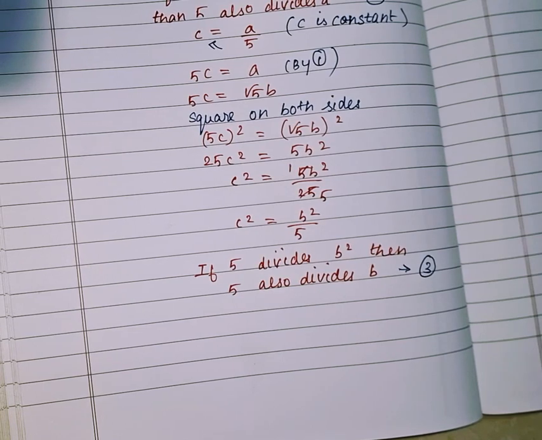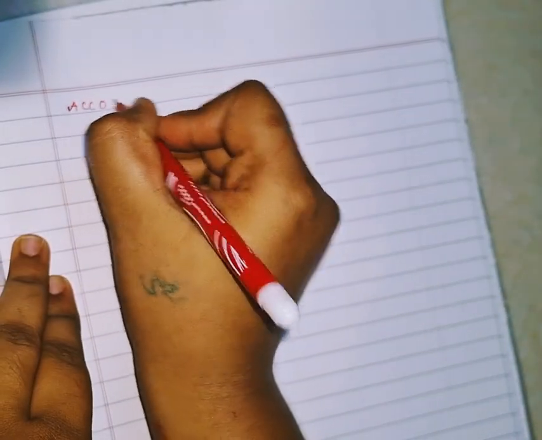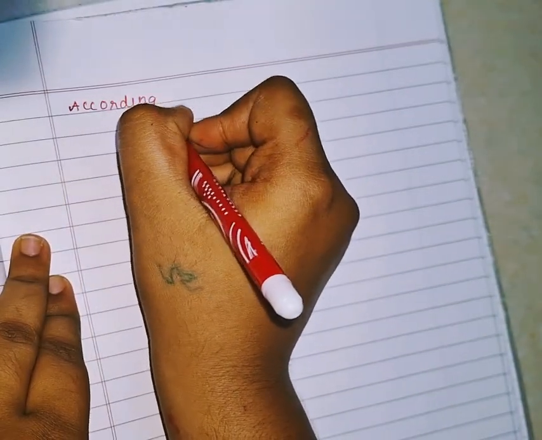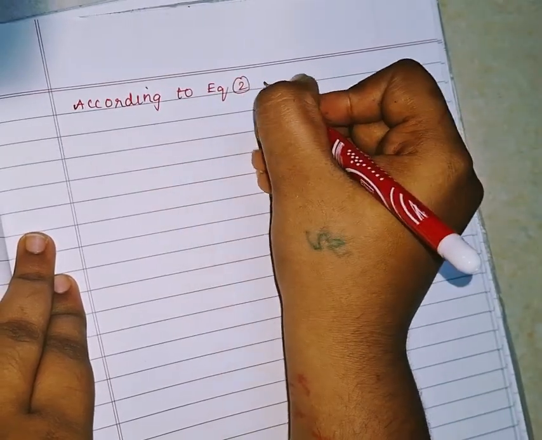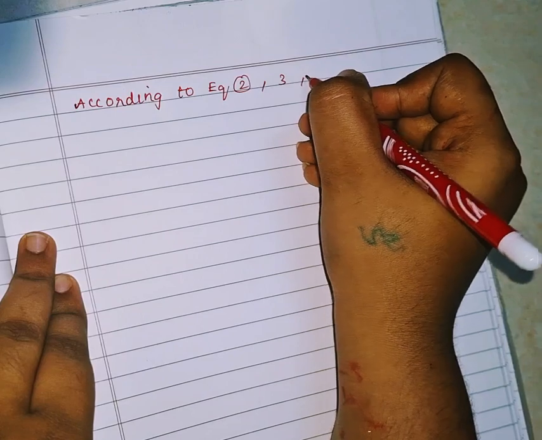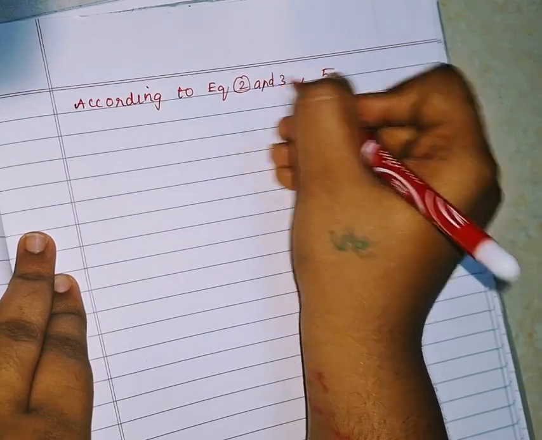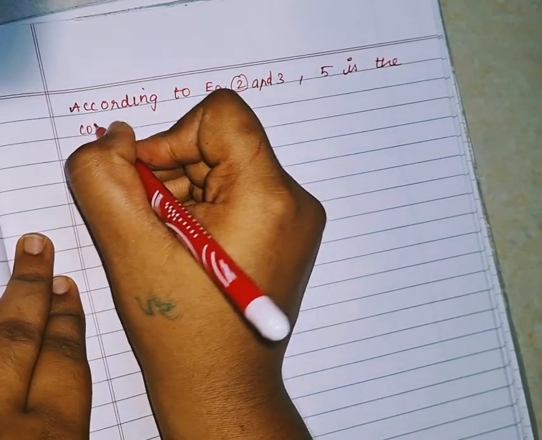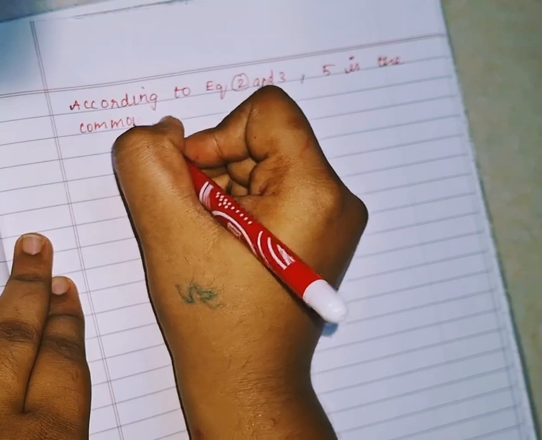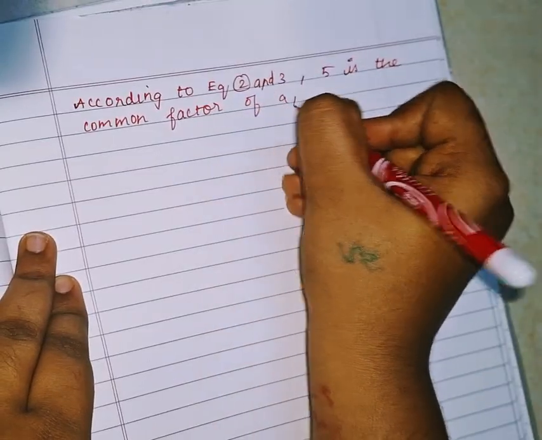Now, according to equations 2 and 3, 5 is the common factor of a, b.